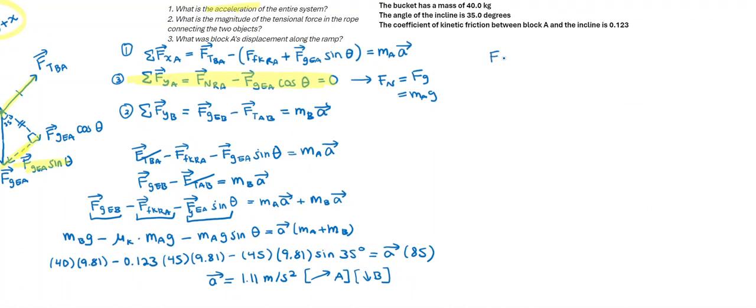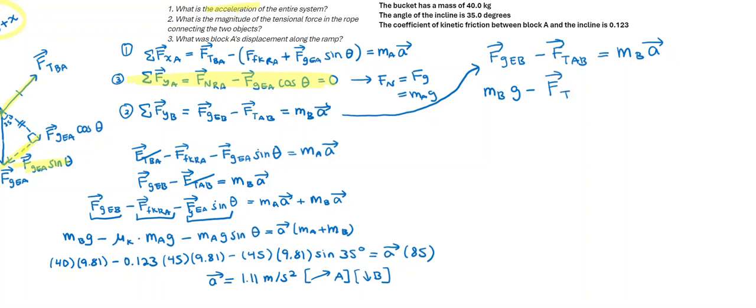So this is just gonna be gravity minus FT equals mass of B times acceleration. I'm just actually gonna leave the subscript out again because it doesn't really matter which direction it's going. And then mass times acceleration.